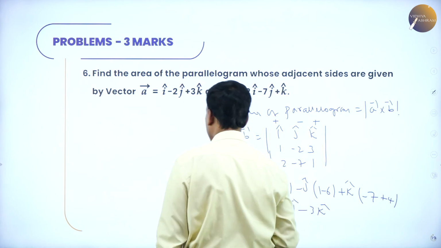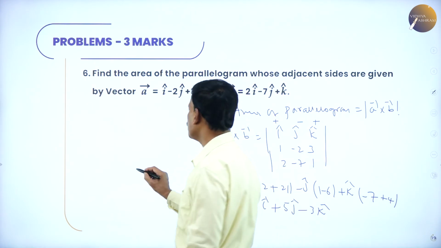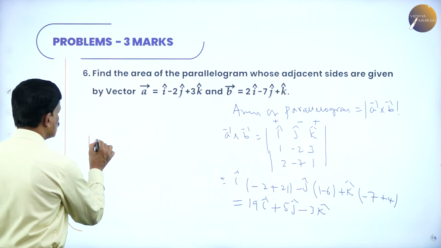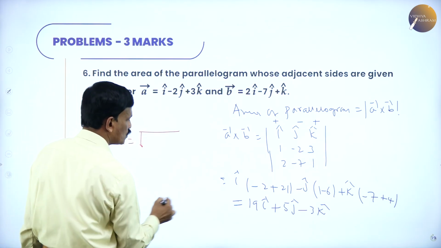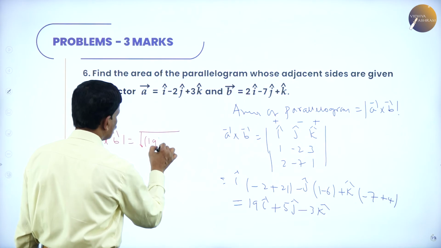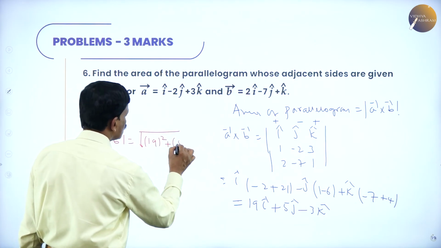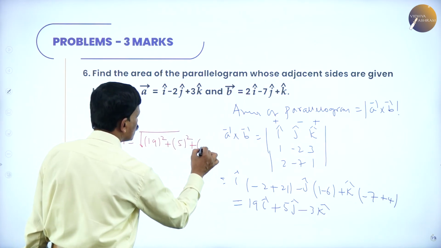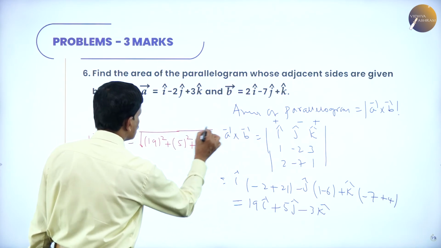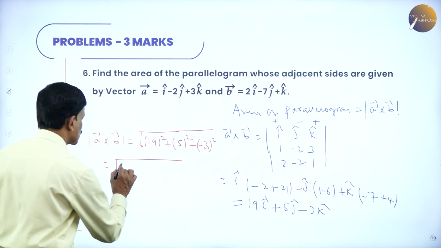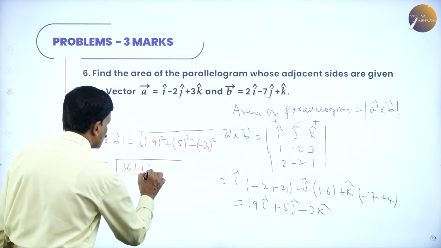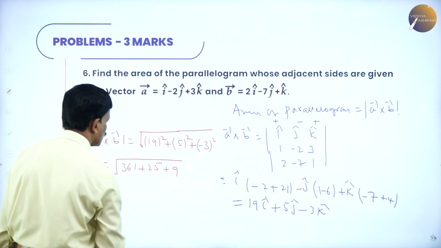Now find out the magnitude of this. The length of A cross B is equal to the root of 19 square plus 5 square plus (-3) square. 19 square is 361, plus 5 square is 25, plus 3 square is 9.